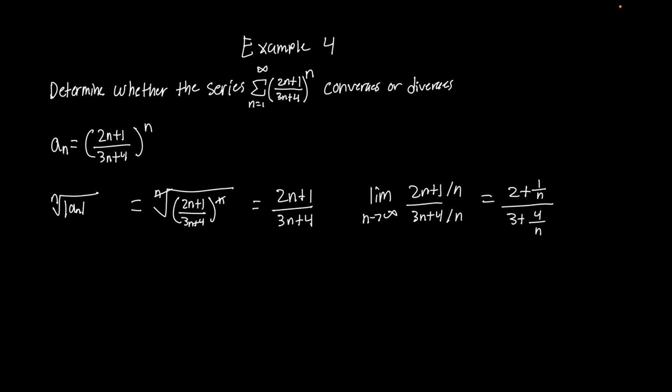Now we take n approaching infinity. 1 over infinity is just 0, and 4 over infinity is just 0. So it's (2 + 0) over (3 + 0), which is equal to 2/3.